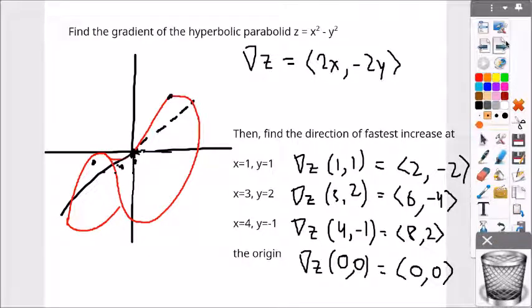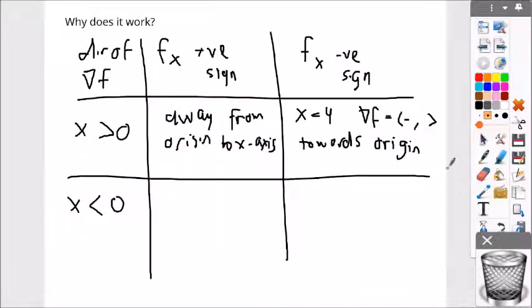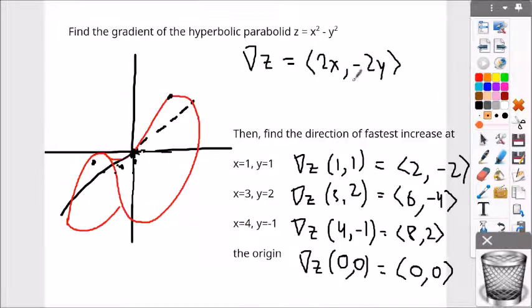And why does it want to go in the direction of negative 10? Because it wants to increase more. That's why it's the direction of fastest increase. So this also goes away from the origin, if f sub x is negative and x is less than 0, right?